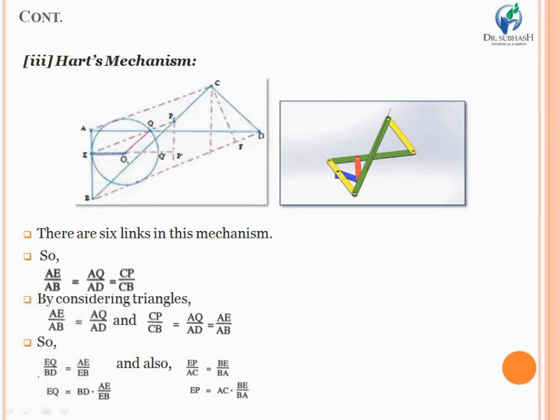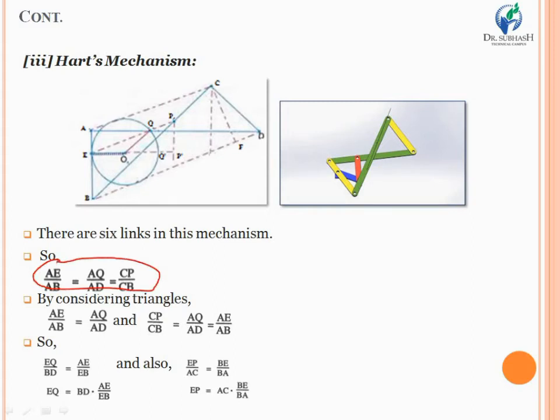Then the input rotary motion is given to the link OQ. If you give input motion to this link OQ, the points E, Q and P are located by the dimensions such that AE upon AB is equal to AQ upon AD, and that is equal to CP upon CB.